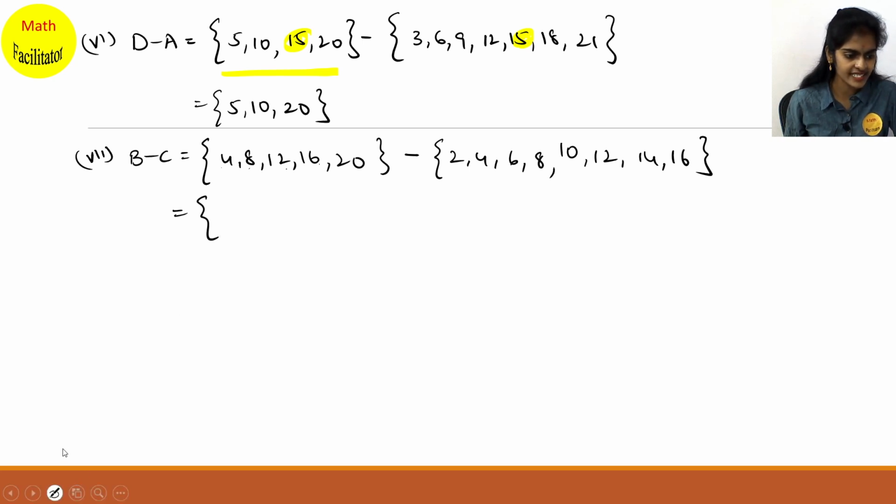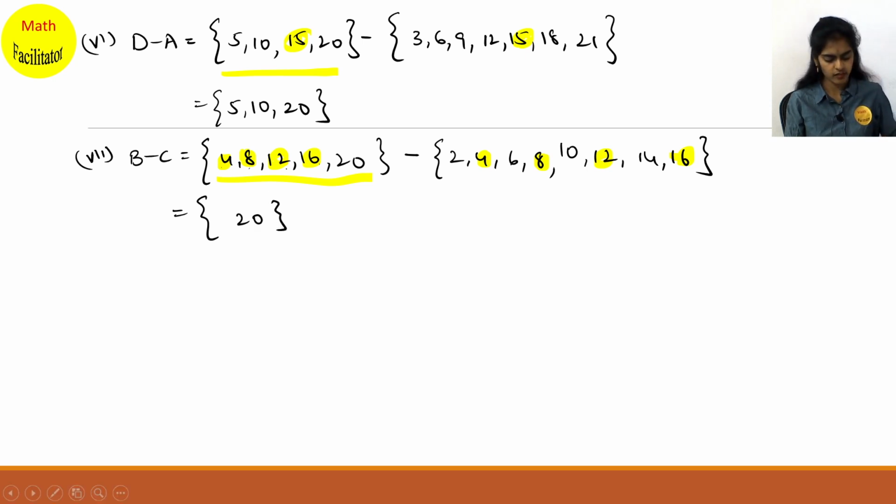B minus C means from this B, I will remove the common elements. 4 is common, remove it. 8 is also common, remove it. 12 is also common, and 16 is also common. Remove all these elements. So what is remaining in set B? You have only 20 remaining in set B. So that 20 is B minus C.